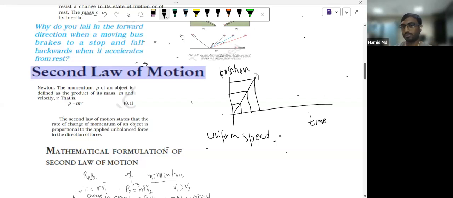Are you familiar with uniform speed? What is it? When an object travels equal distances in equal intervals of time. What is its unit? Meter per second.